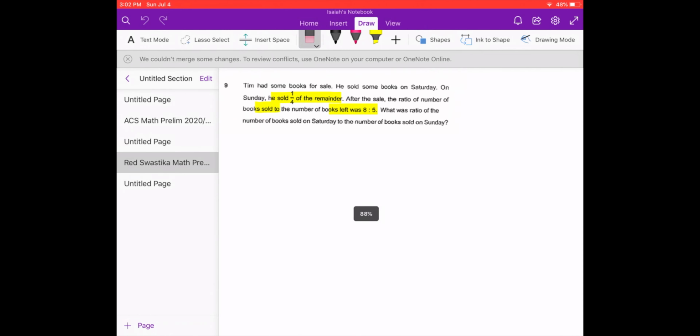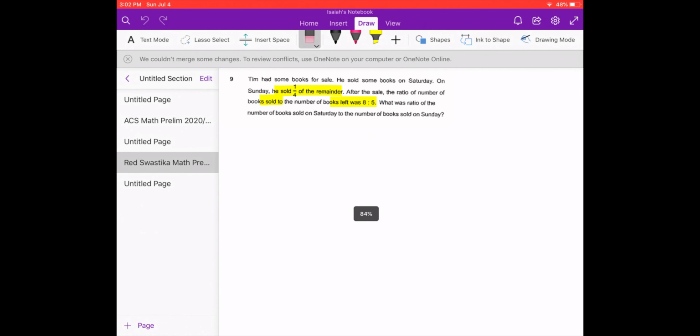All right. Before we start, let us put the information that we have highlighted down. All we were given in numbers was at the end of the sale.